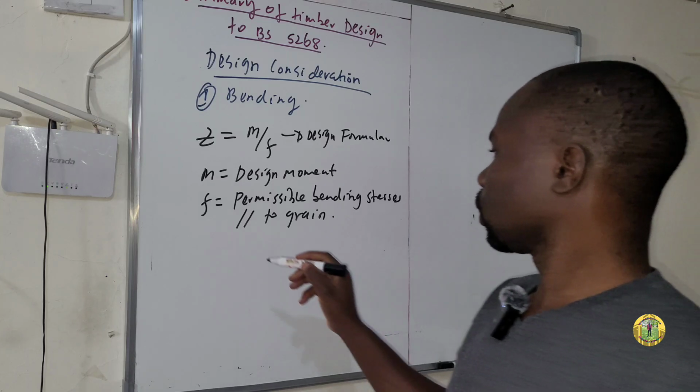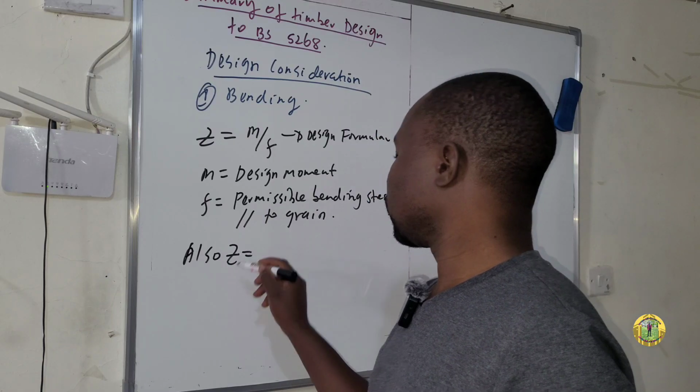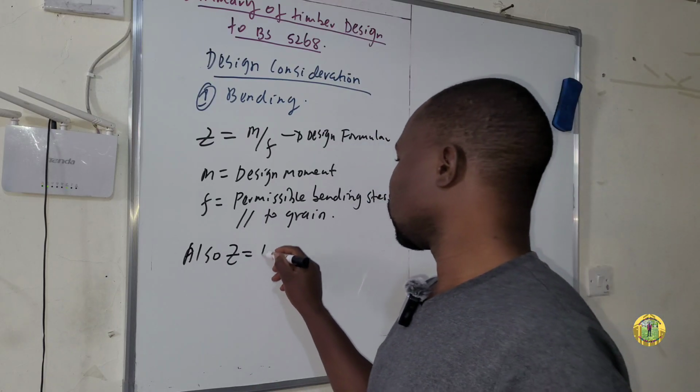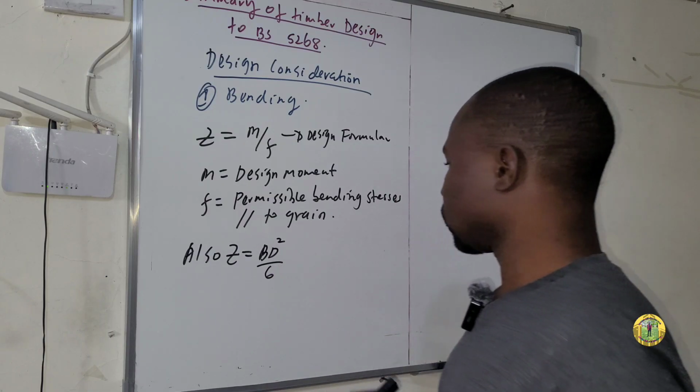Also, Z is given by this formula, BD square all over 6.